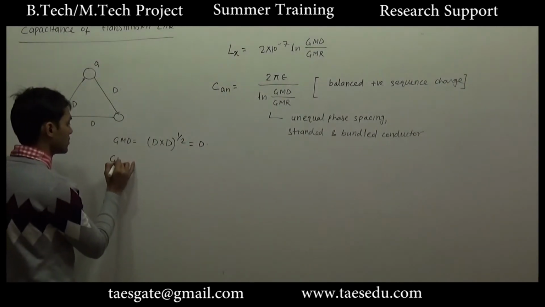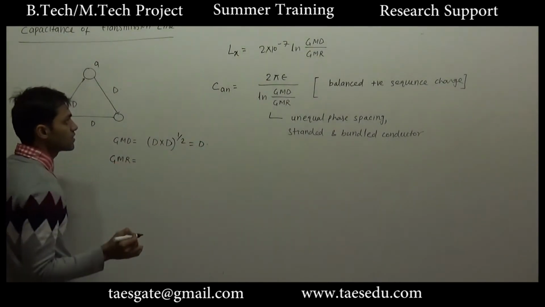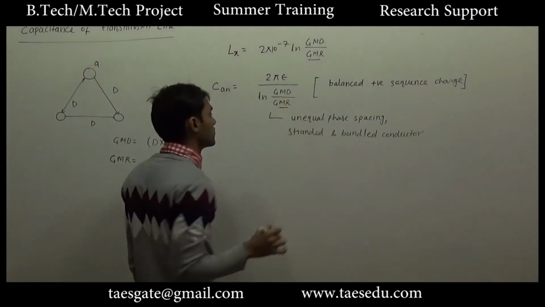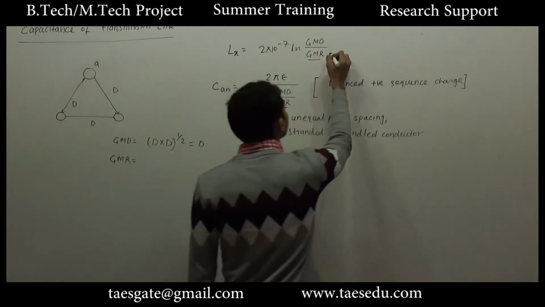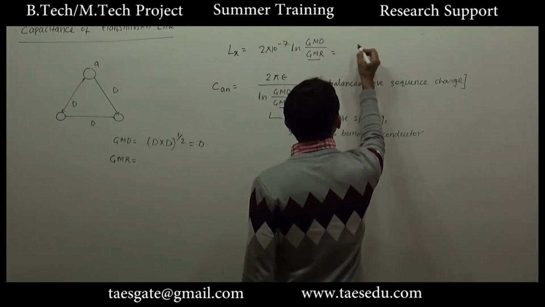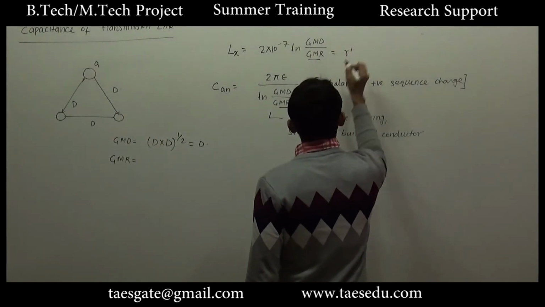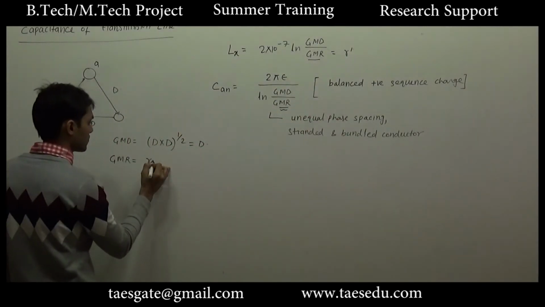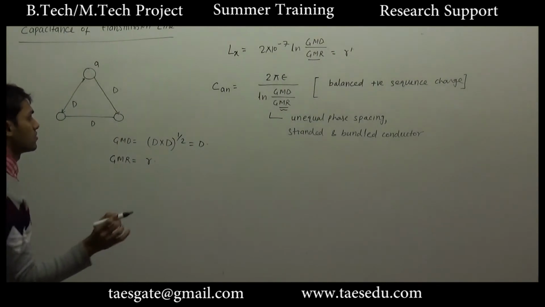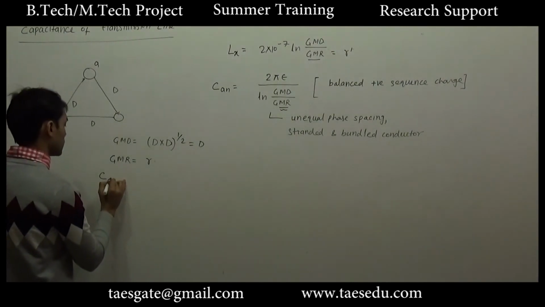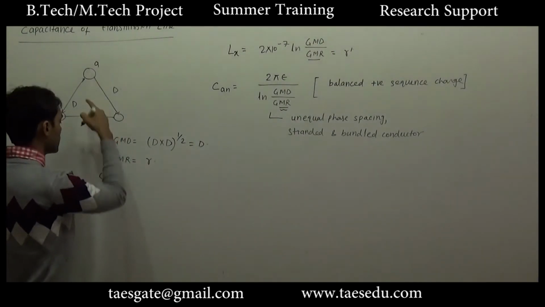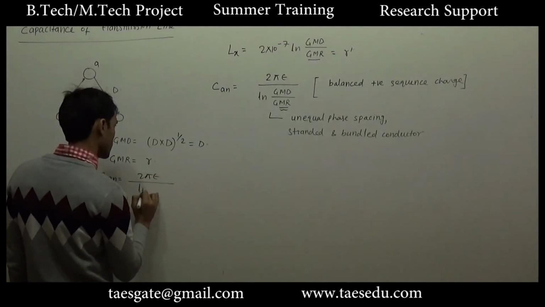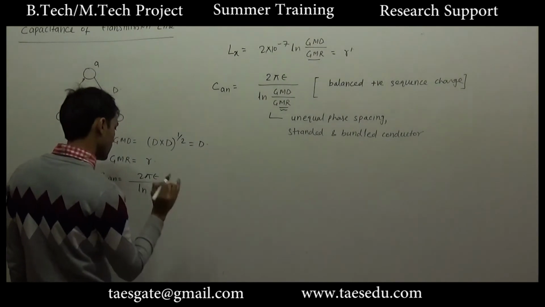And what will be GMR? In case of calculation of inductance, this GMR and this GMR are different. Here what we do, this is taken as R dash, while in case of calculation of capacitance, this will be simply the radius. So the capacitance between line A and neutral will be 2 pi epsilon divided by ln d divided by R only.